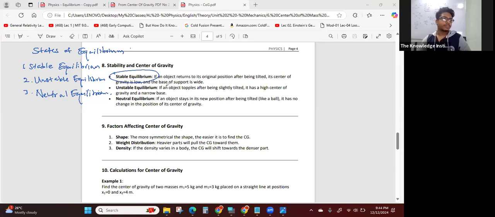An unstable equilibrium means if you give a small displacement, if you slightly tilt it, the equilibrium breaks, so it's unstable equilibrium. Neutral equilibrium means whatever the displacement or position you make, the object remains in equilibrium. I can explain that with this example.